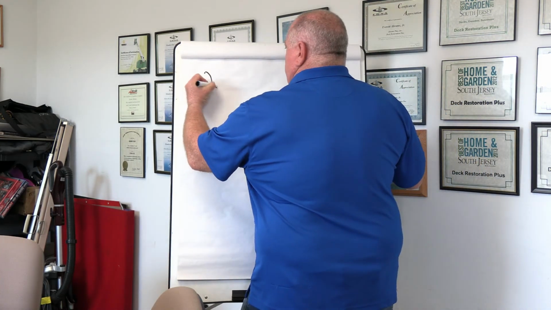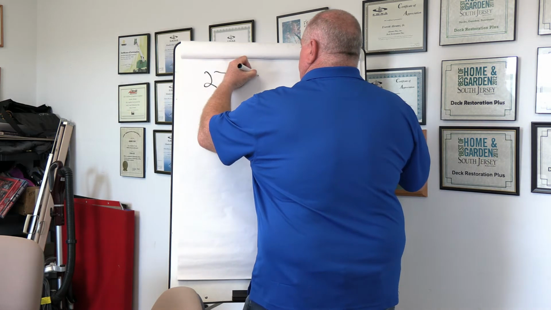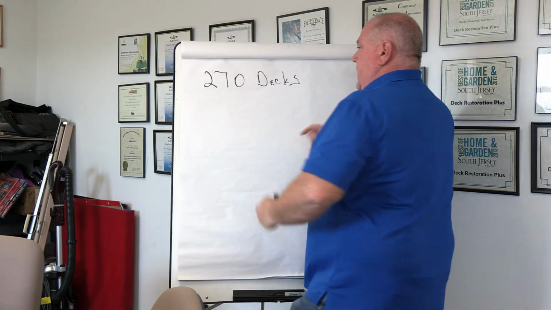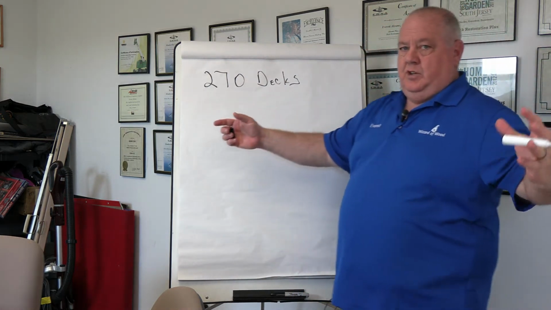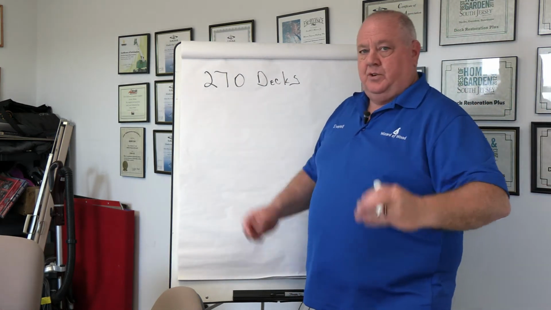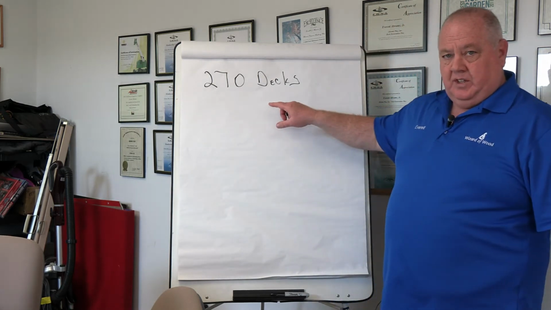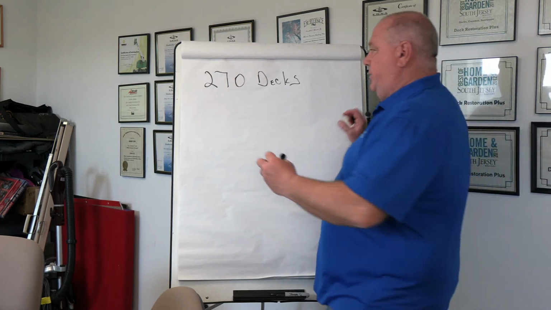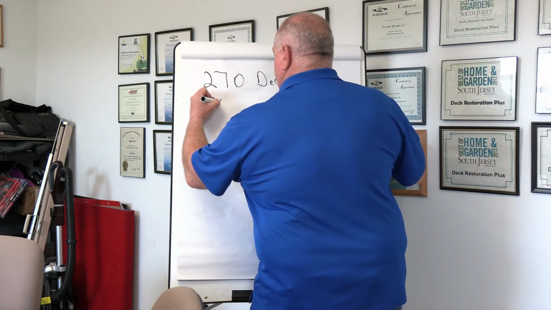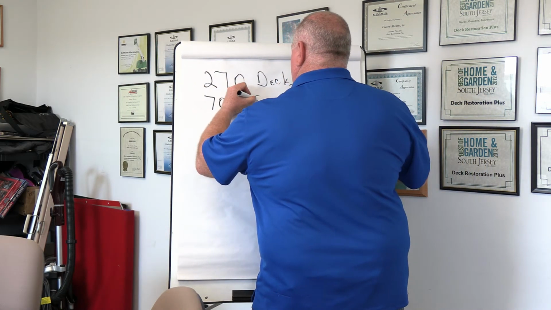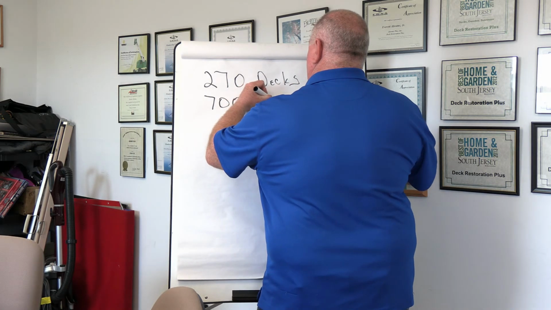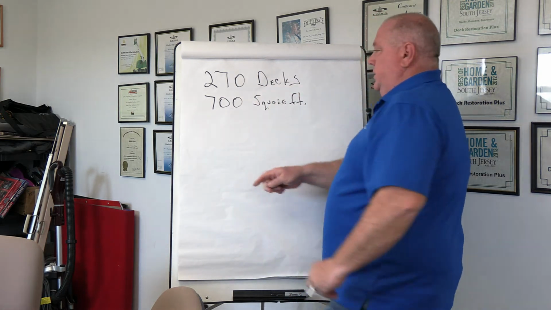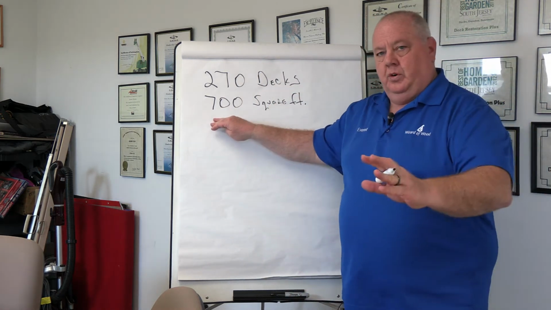Okay, 270 decks. Excuse my writing, I'm left-handed. We're going to take an average of 700 square feet per deck. That includes the floor and the railings.